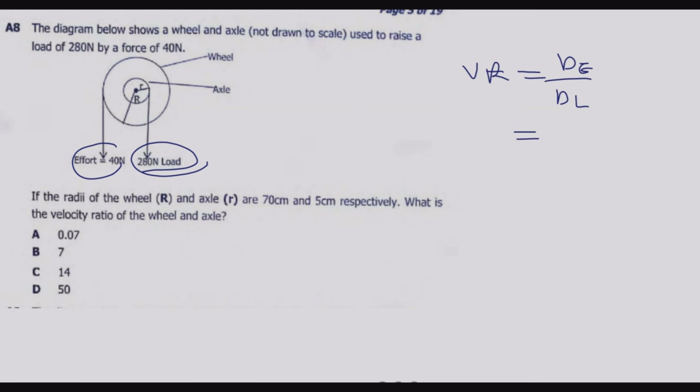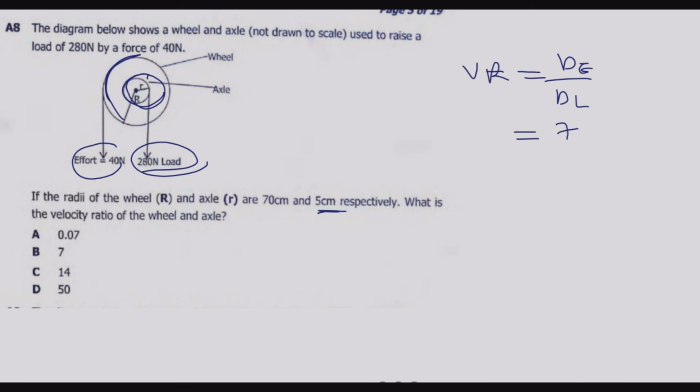So if you notice from here, the load is being moved by this wheel inside. You see, the wheel's radius is 5 centimeter. Then the effort is this one outside, whose radius is 70 centimeters.